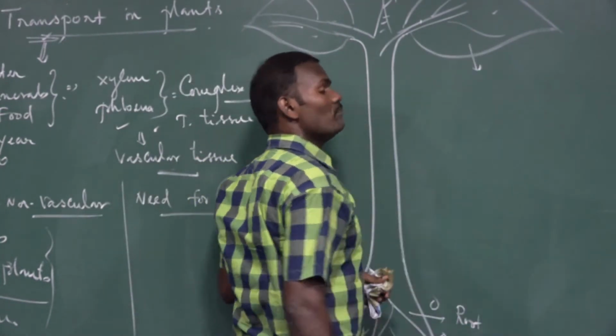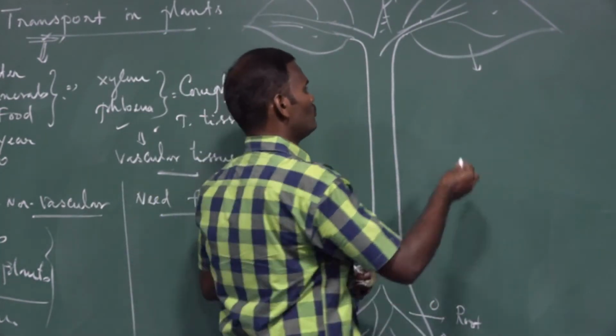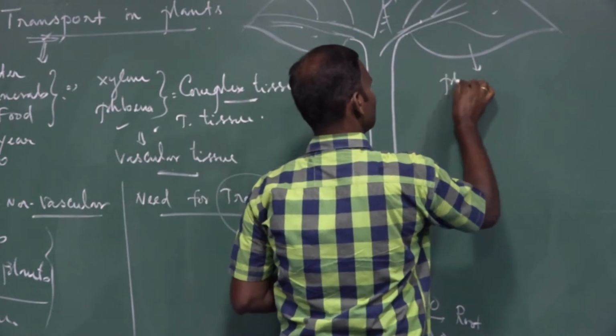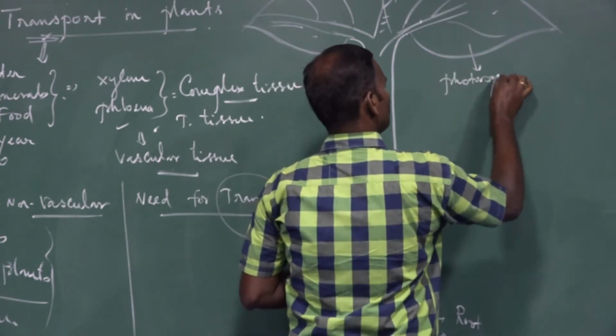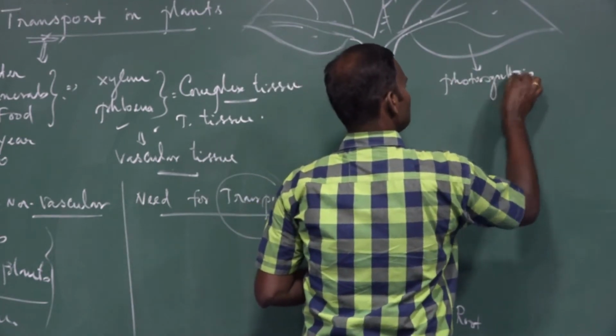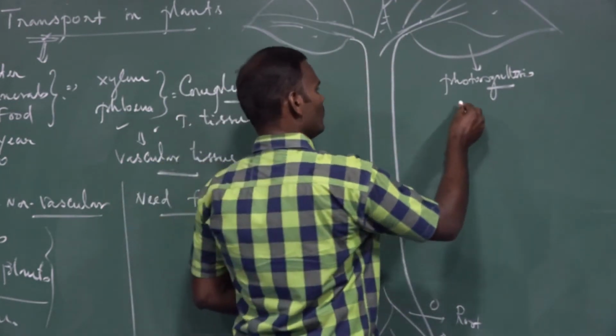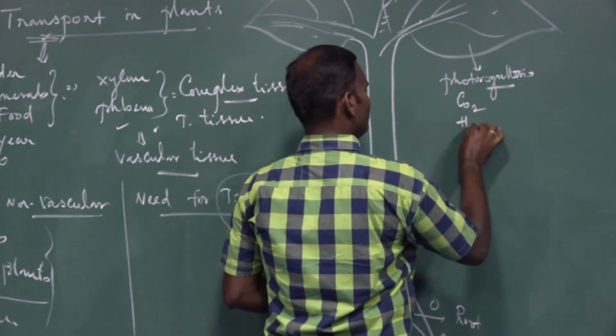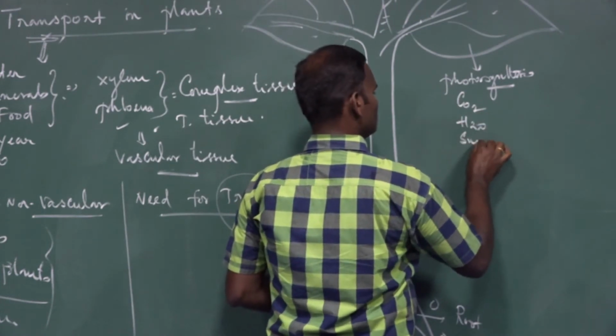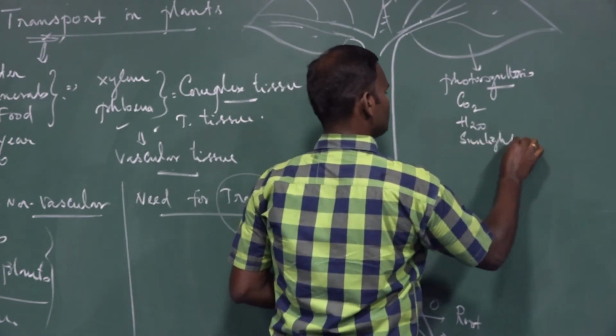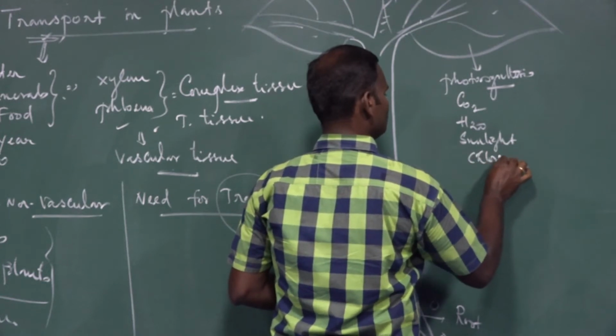The leaf is an important organ for photosynthesis. You know what photosynthesis is? It is the synthesis or manufacture of food material with the help of carbon dioxide, water, sunlight and chlorophyll pigment.